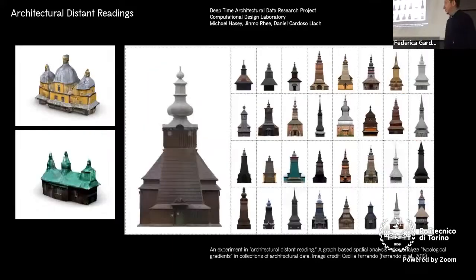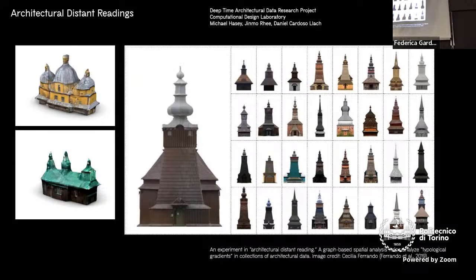In another architectural distant reading, led by my student Michael Hasey, we were interested in the morphological signature of a particular typology of churches in Eastern Europe, in Ukraine and Poland, that were built between the 17th and the 19th century.